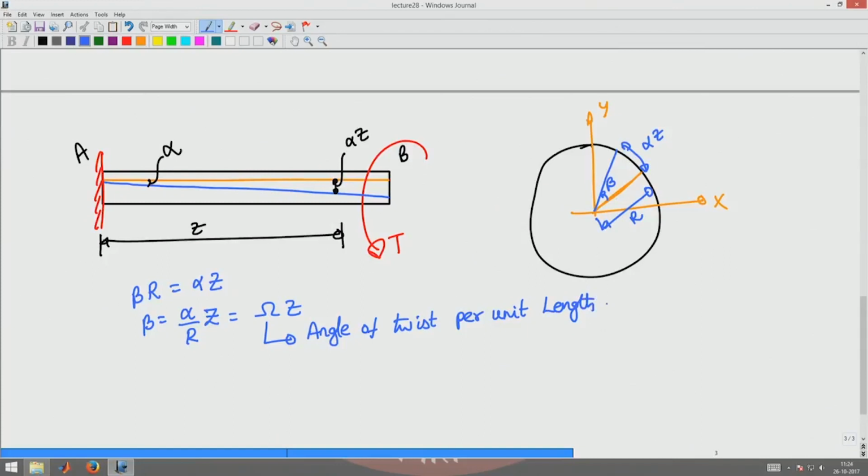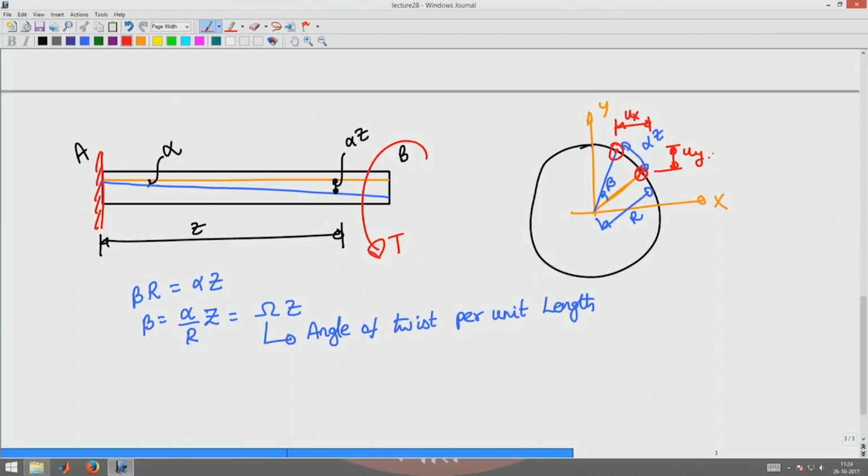Now this is what has happened in the process: a point which is here has moved to a point there. So it has a ux displacement and a uy displacement, which we have to find.